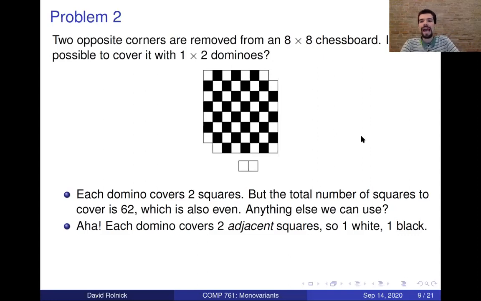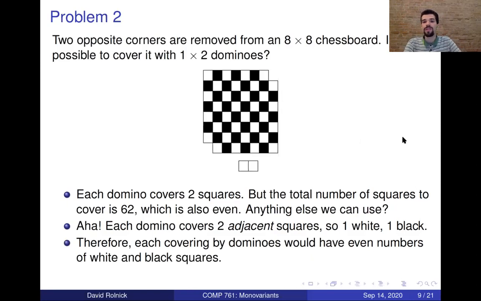Yeah, so we can count how many white and black squares there are, because we know that since every domino covers 1 white and 1 black, the total number of squares covered is going to have the same number of white and black. Is this okay?